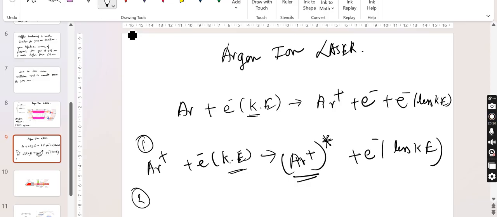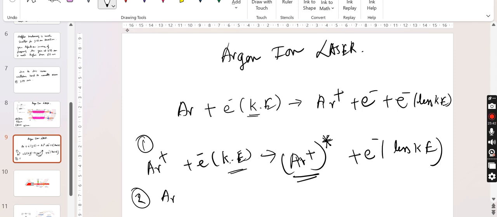If we need laser action happening in the deep UV region, we need a doubly ionized argon ion.